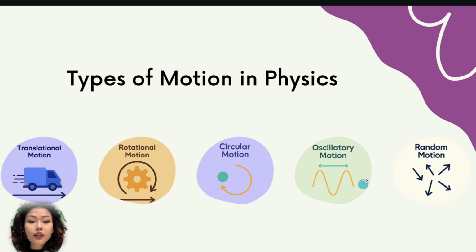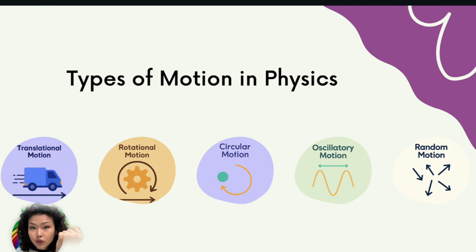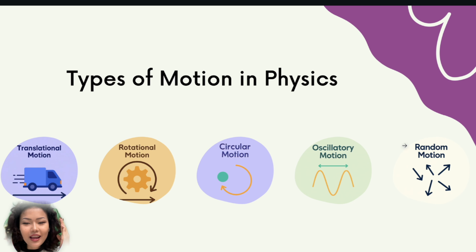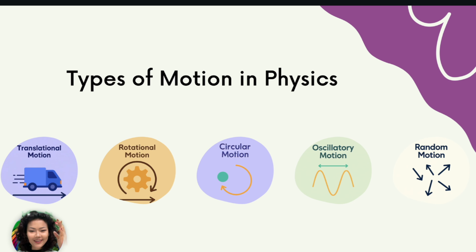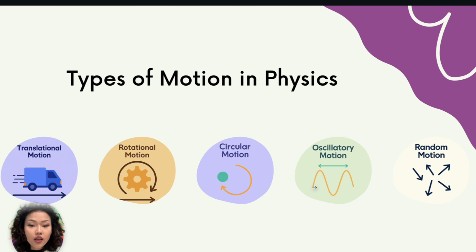Then we have oscillatory motion. Oscillatory motion can include sine and cosine functions from algebra that we all know. In oscillatory motion, repetitive back-and-forth motions around a central point take place. Such graphs have their own period and wavelength.